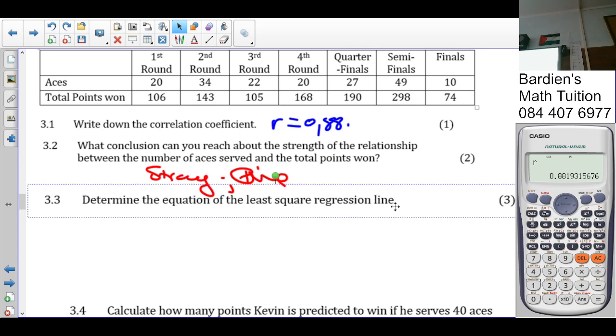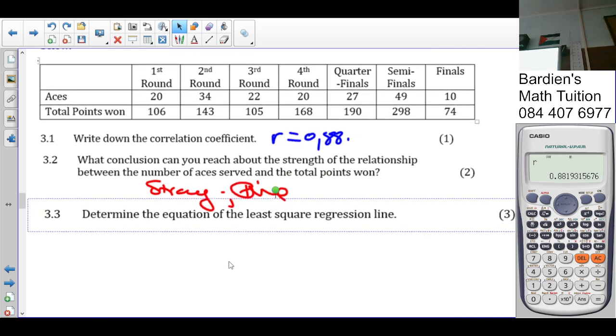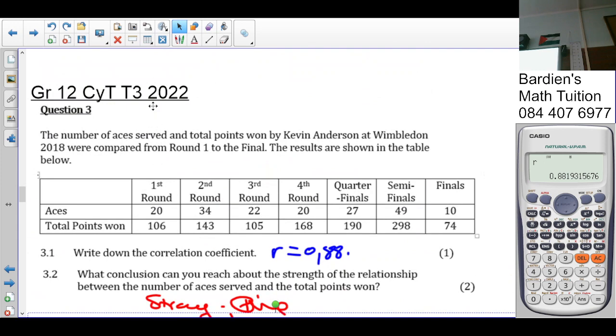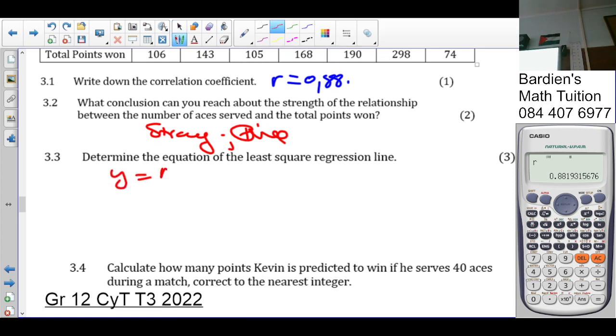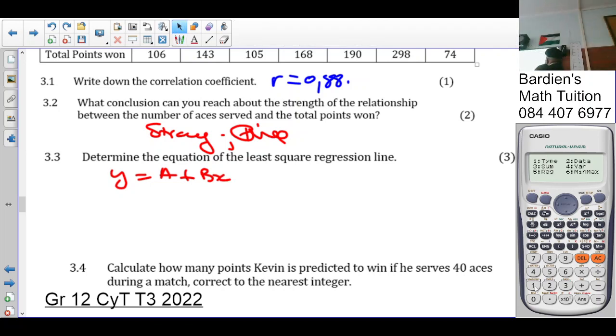Then the next question says, determine the equation of the least squares regression line. Now remember the equation of this will be in the form of y equals a plus bx. So go back to our calculator, shift 1, 5 for regression, 1 for a.